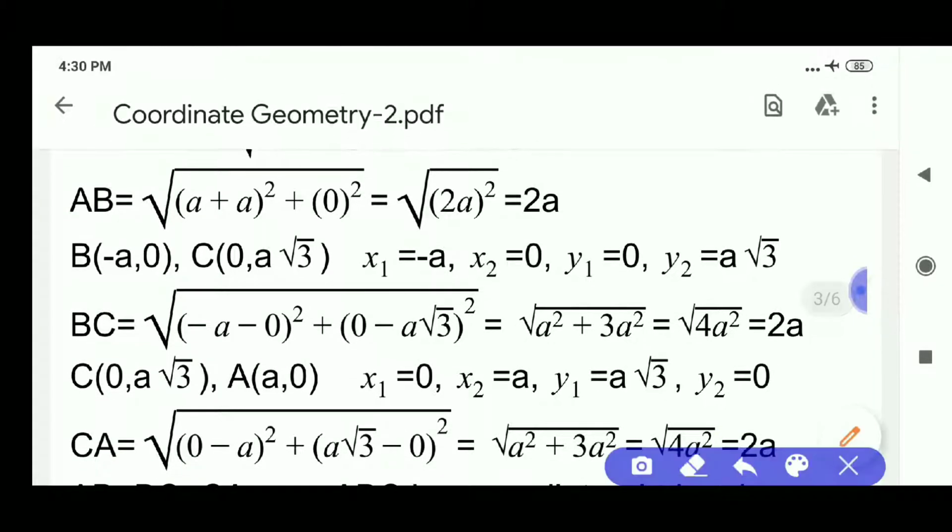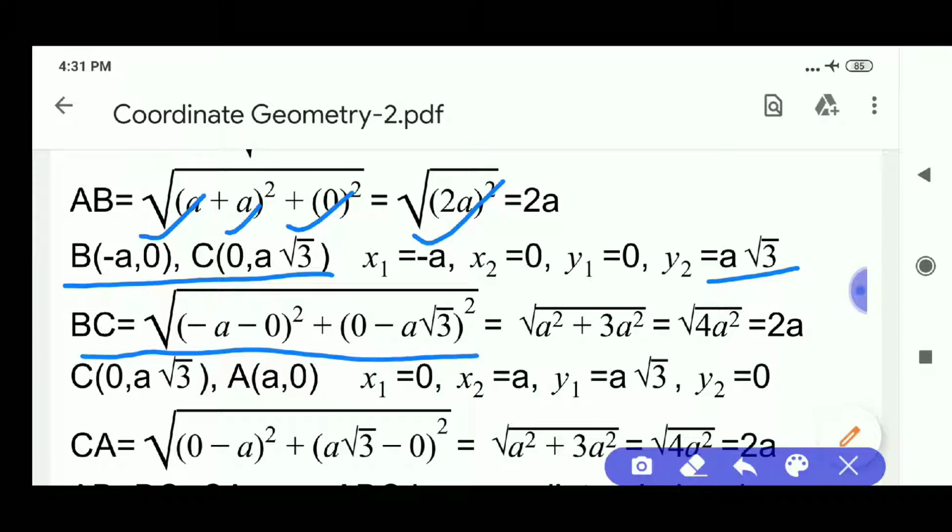Now find BC. To find BC, take B and C. Here x1 is minus a and x2 is 0, y1 is 0 and y2 is a root 3. Apply the distance formula carefully.